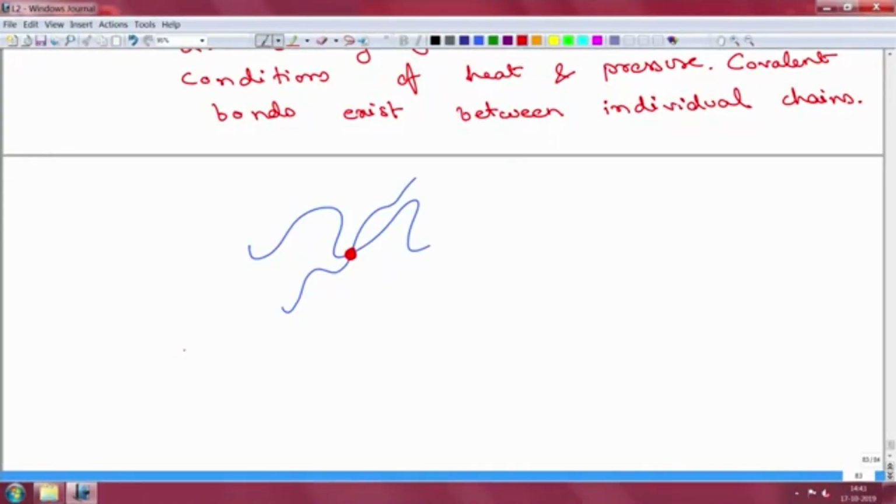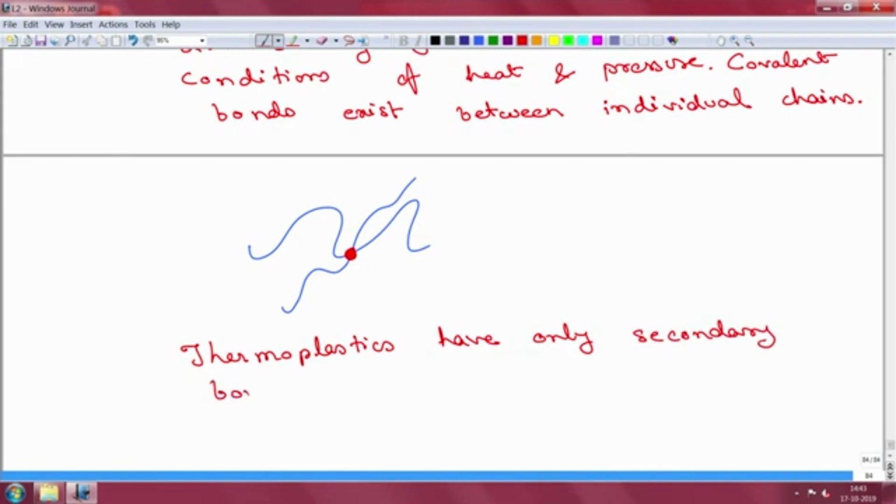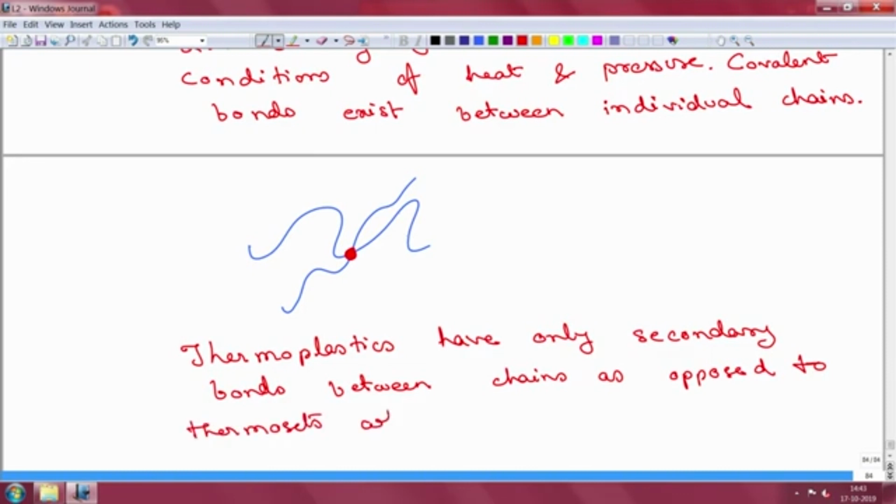Thermoplastics have only secondary bonds between chains, as opposed to thermosets, which have primary bonds.